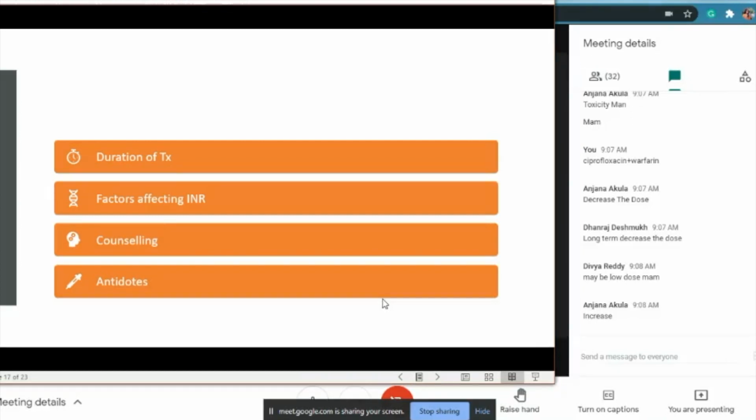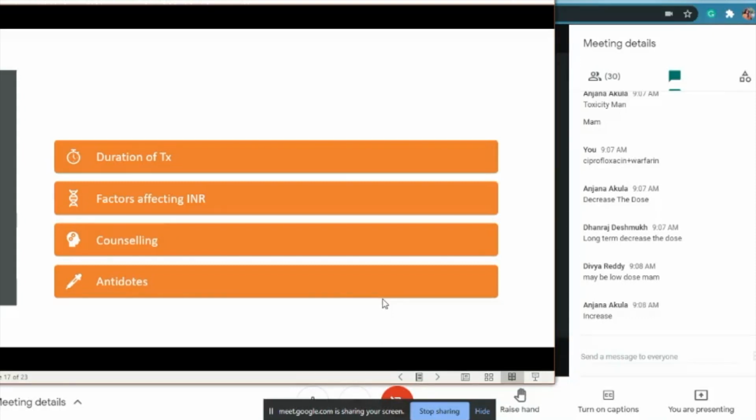But if the patient is a long-term heavy drinker, it decreases the warfarin effect. So alcohol can increase or decrease the effect based upon how the patient uses it. Binge drinking increases the INR; long-term heavy drinking decreases the warfarin effect. Okay, so you have to remember that. Now, what are the few counseling points we can tell patients when we initiate them on warfarin?